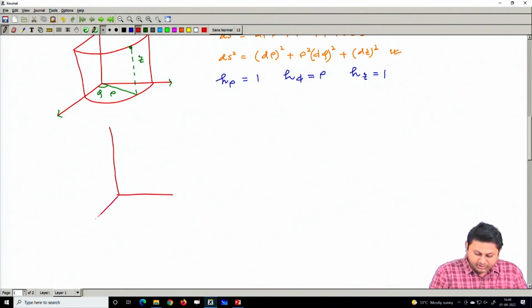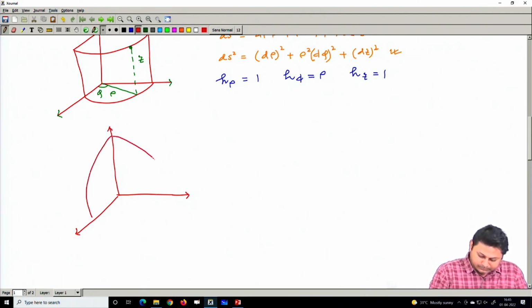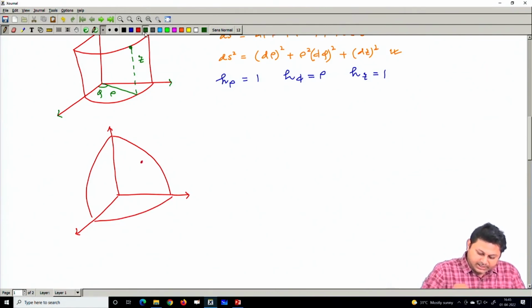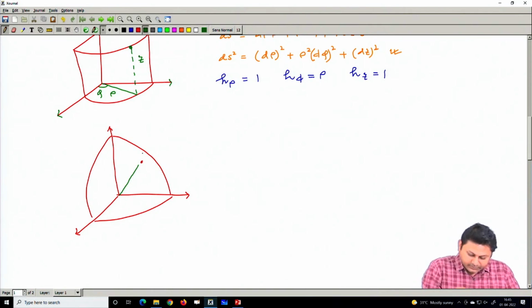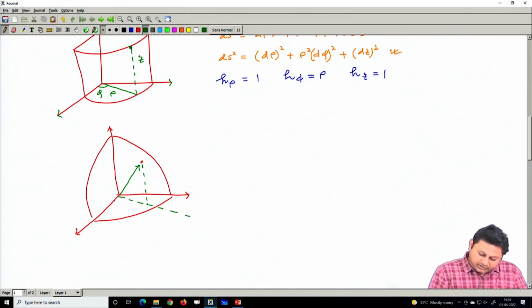Let us simply draw the spherical coordinate system. So, any point here, I can have the r value here, so this is phi and this angle is theta and this is r.